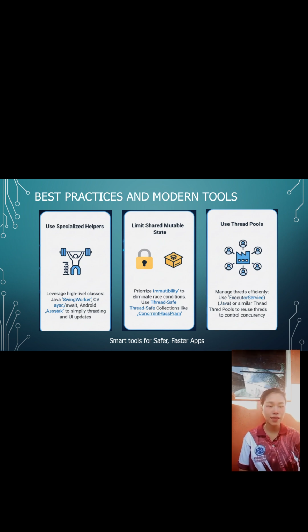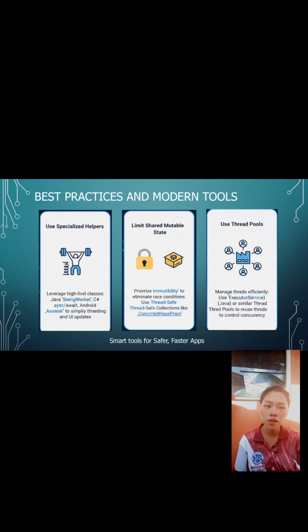The second is limit shared mutable state. This means avoid multiple threads accessing and changing the same variable or object at the same time, unless you have synchronization in place. The problem is that when two threads modify the same data without coordination, it causes race conditions, data corruption, or bugs that are hard to reproduce.